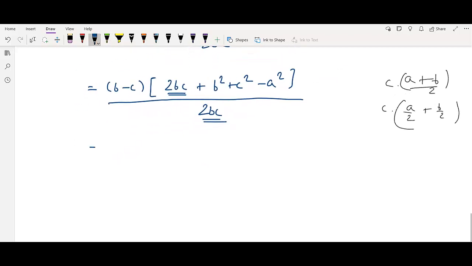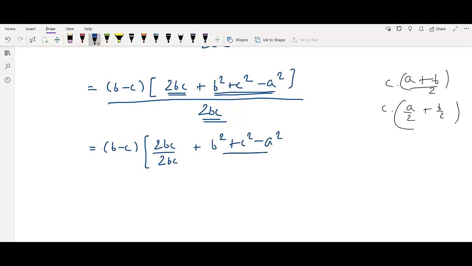I come to b minus c, and I'm going to take this 2bc as one term and this whole thing as another term. Okay, so I get 2bc upon 2bc, which will eventually resolve itself to 1, plus b square plus c square minus a square upon 2bc.